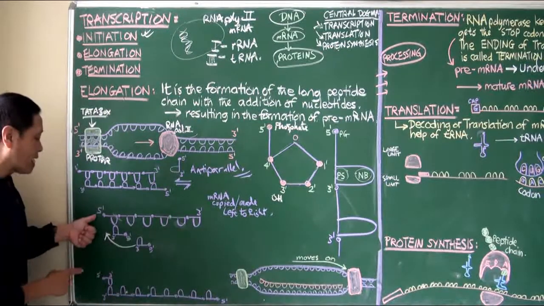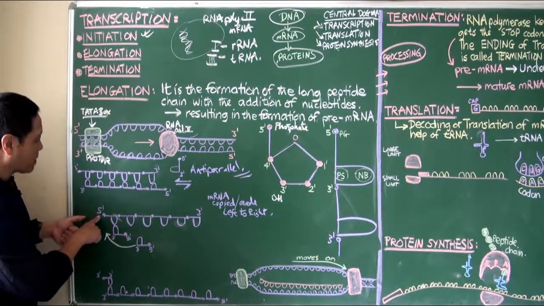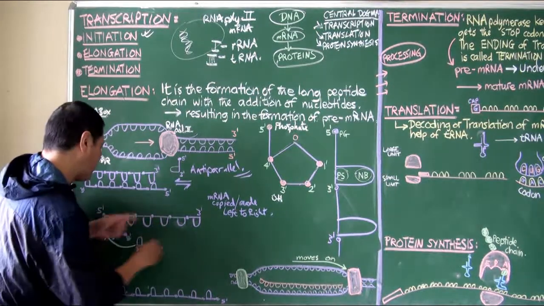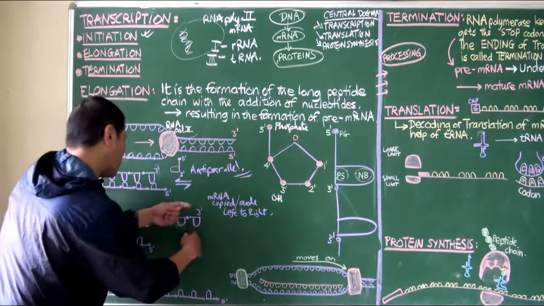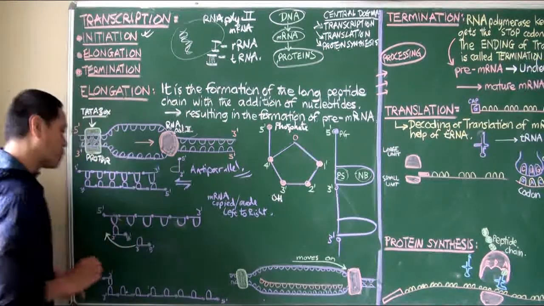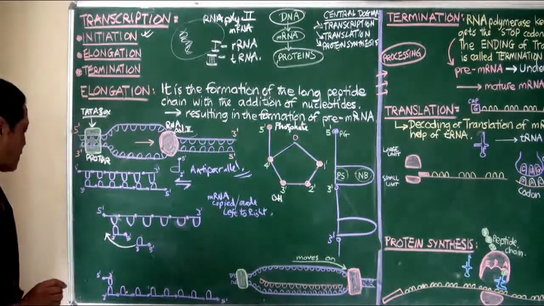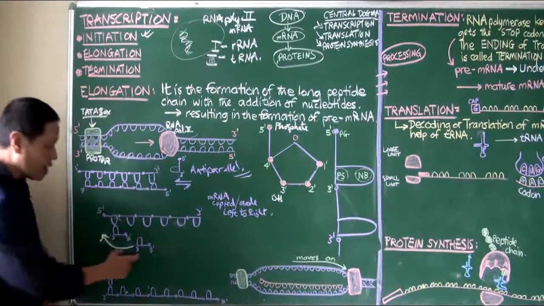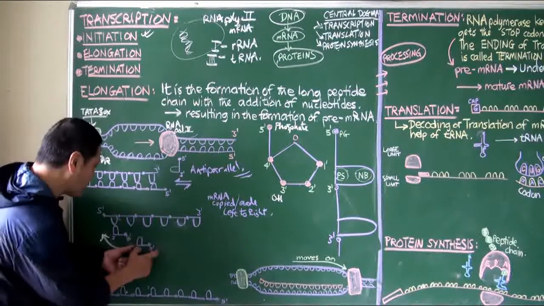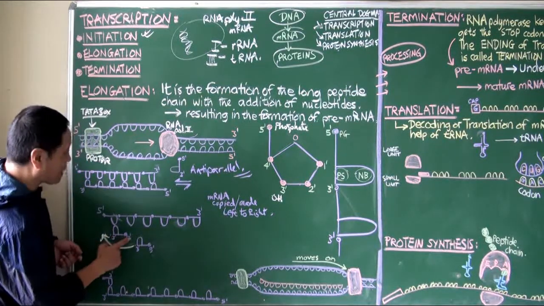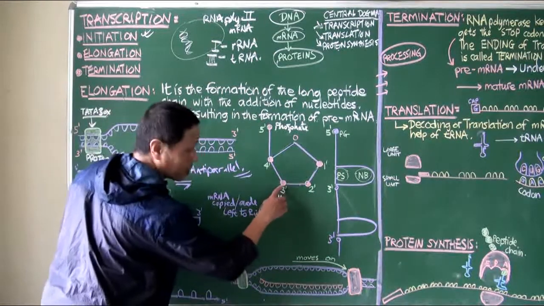It cannot add to the 5' end because this is being opened this side. And as it goes this side, it cannot add another one this way. So here's one nucleotide which can be added this side. It cannot be added onto the 5' end. It can be added only to the 3' end.